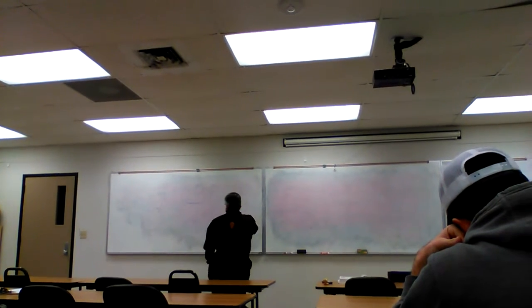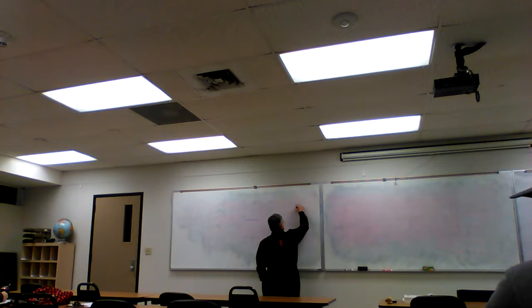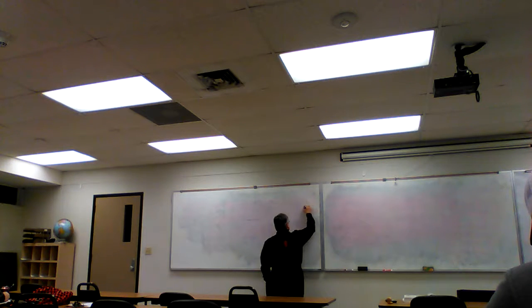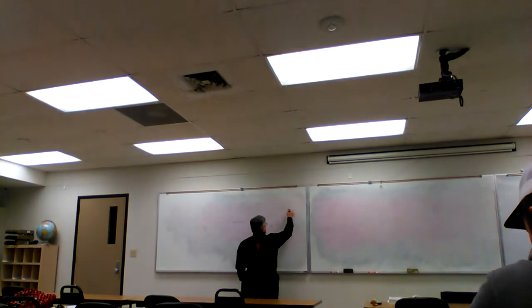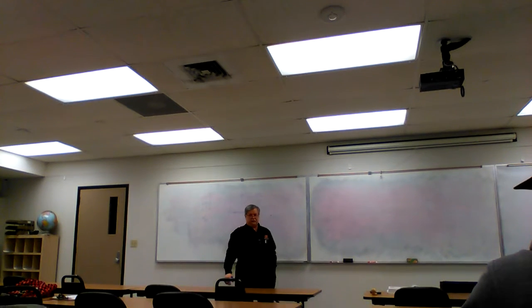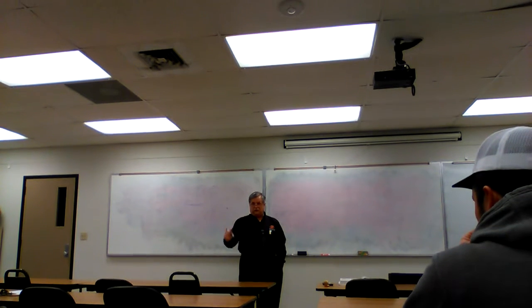So, let's start with A. We know that if we multiply it by time cubed, it's going to become meters per second. Well, what would you have to multiply by seconds cubed in order to end up with meters per second?